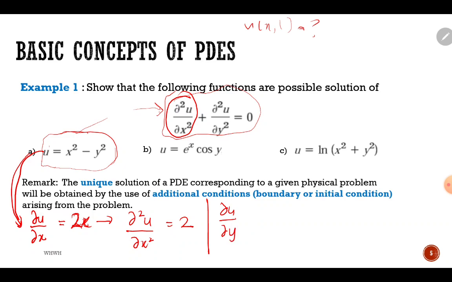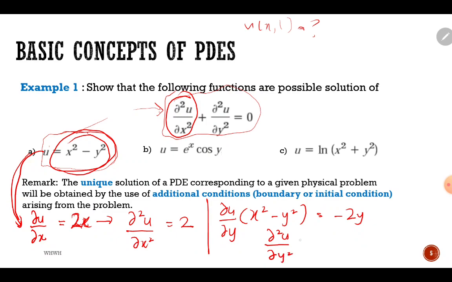For x square minus y square, differentiate with respect to y, you're going to have negative 2y. And then del square u over del y square of negative 2y, you're going to get negative 2. So now we have del square u over del y square is negative 2.